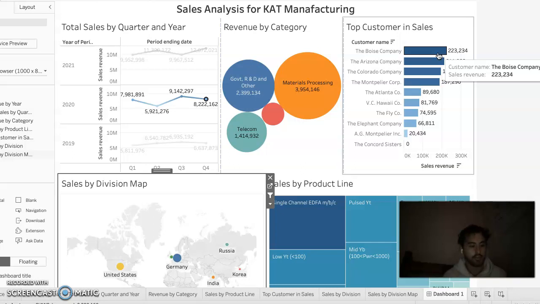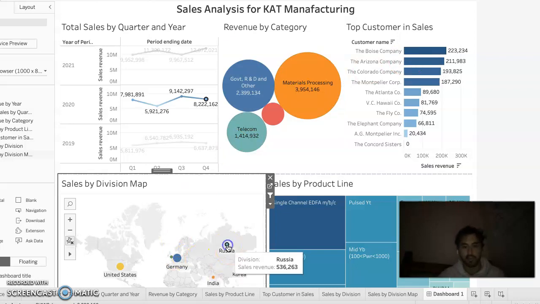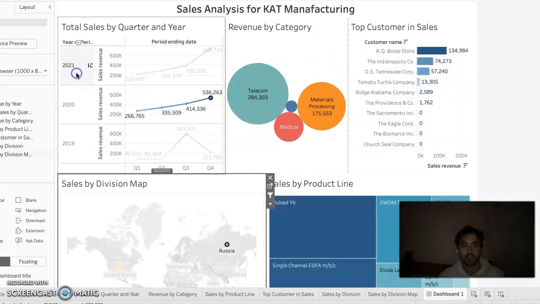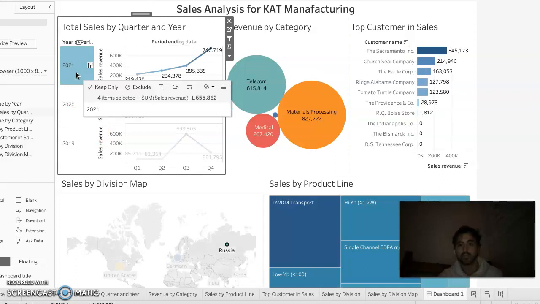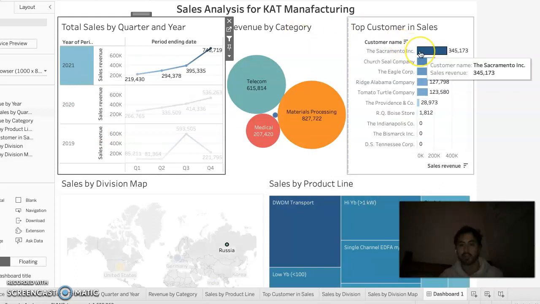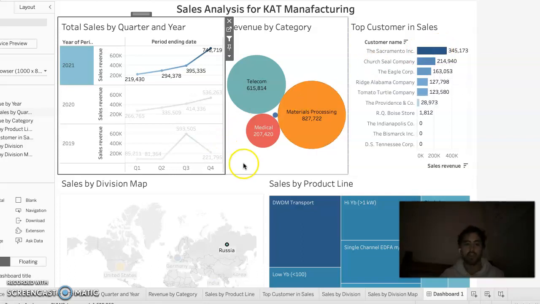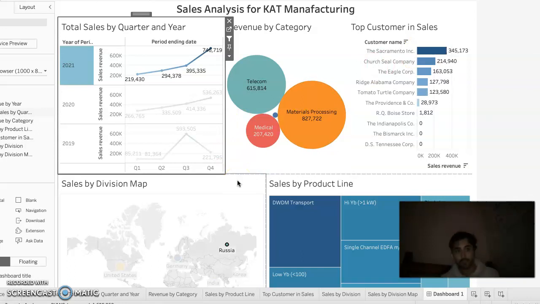And then the top customer for Russia in 2021, once again division specific, click on 2021, would be the Sacramento Inc., which is $342,173. So then the final question asked would be what kind of strategy or plan can you devise from this?